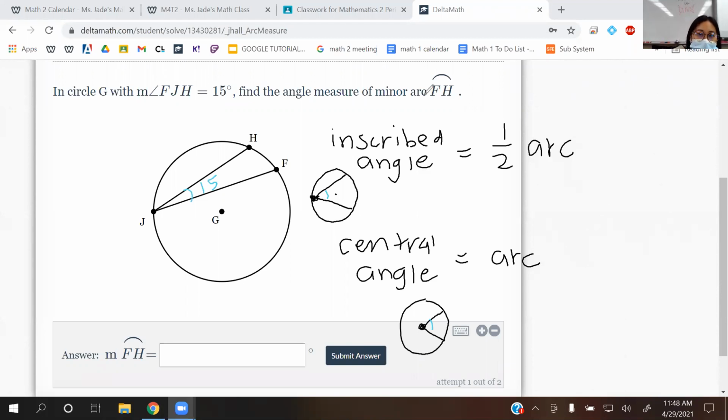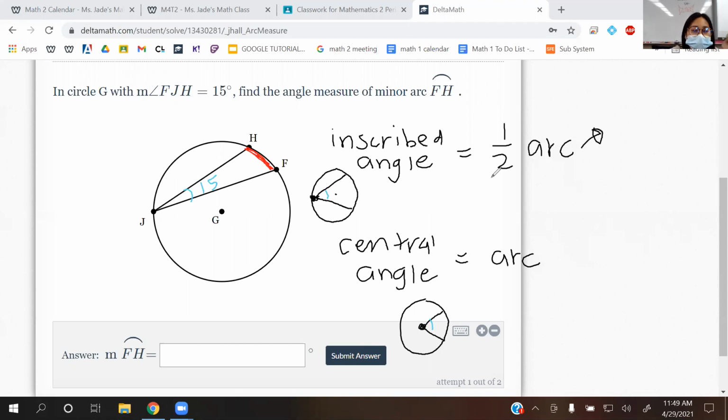So we want to find the arc right over here. We're given the inscribed angle and we're trying to find the arc. The first thing to do is figure out if it's inscribed or central. Since the vertex is on the circle, this is an inscribed angle. A central angle would have a vertex at the center, because of the word central. So we're going to use the first formula.